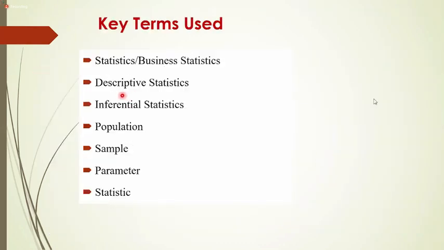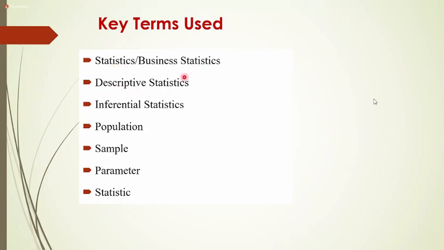So the key terms we used in this subject, you have to know clearly, each and every term explained with the examples, right? This is one of the questions you will get in your assessment or in the final exam also. So you have to be able to define what is statistics or business statistics.